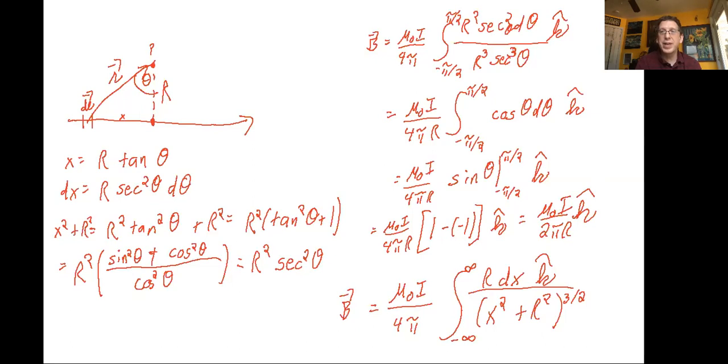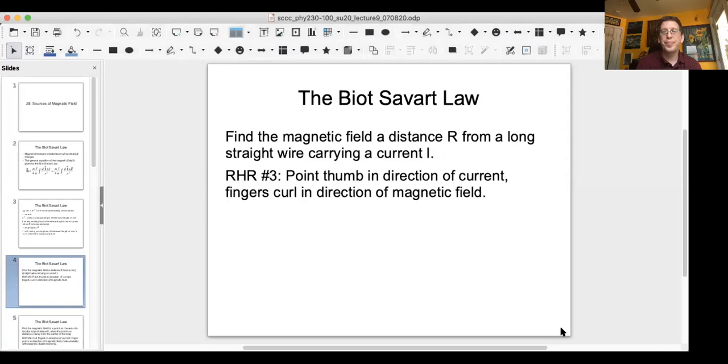For a given value of capital R, B is going to have a constant magnitude equal to mu naught I over 2 pi capital R. And so you can introduce a third right-hand rule out of this: you point your thumb in the direction of the current, and your fingers will curl in the direction of the magnetic field. So the magnetic field, like I said, is making circles around the wire, and you can figure out its direction from the right-hand rule.